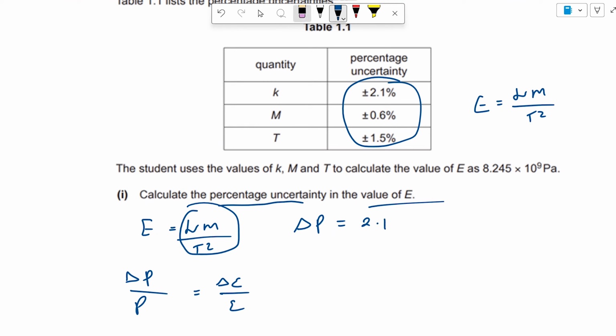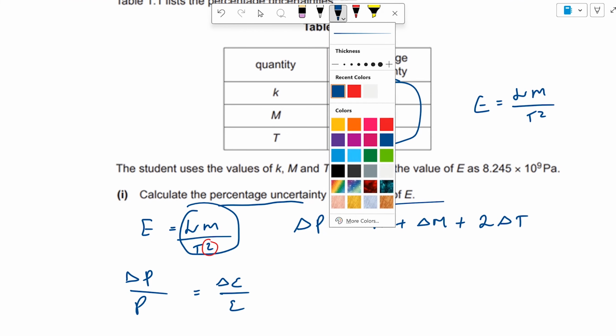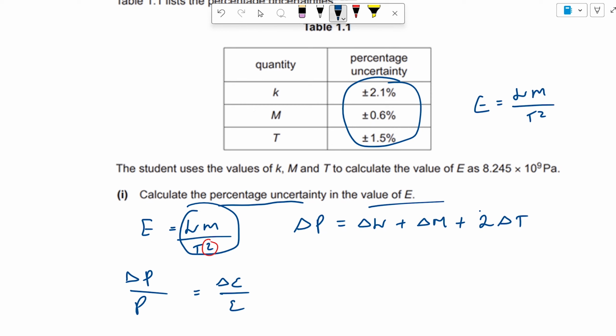Delta P is equal to delta K plus delta M plus 2 delta T, because the exponent of T is 2, so we need to multiply T by 2.